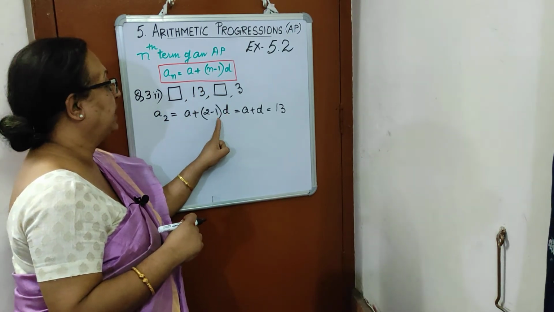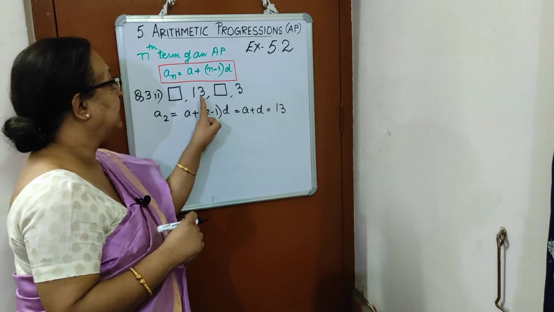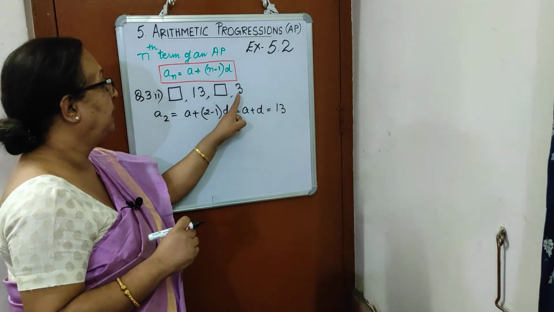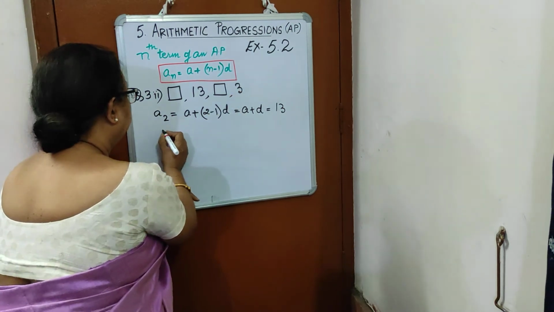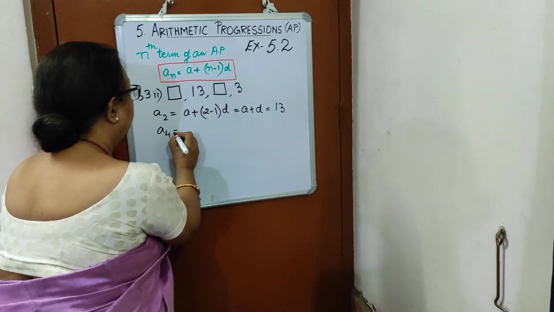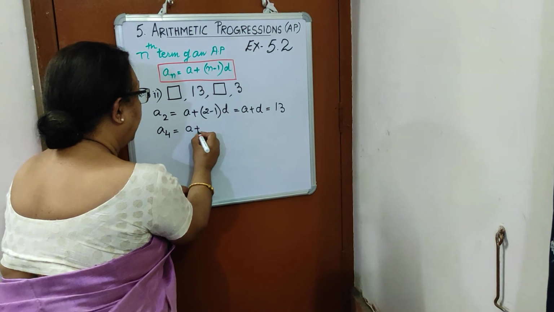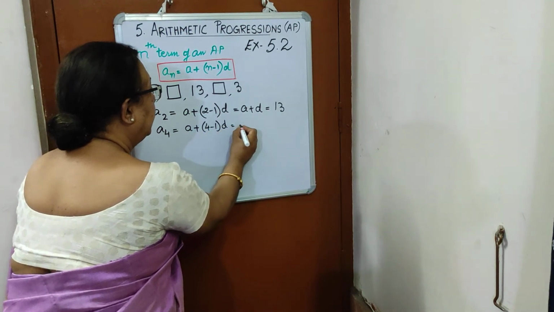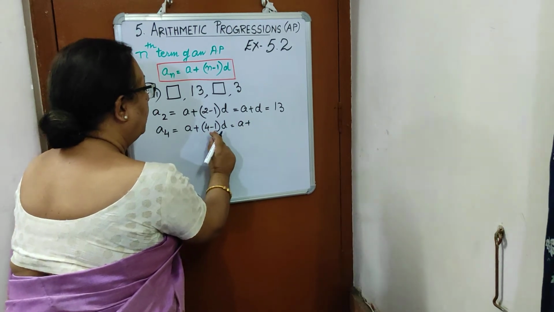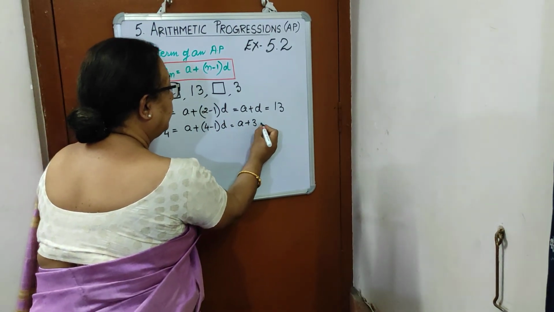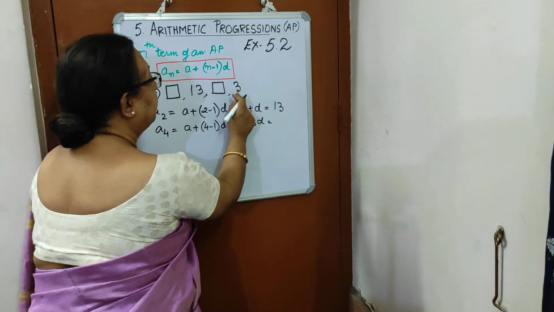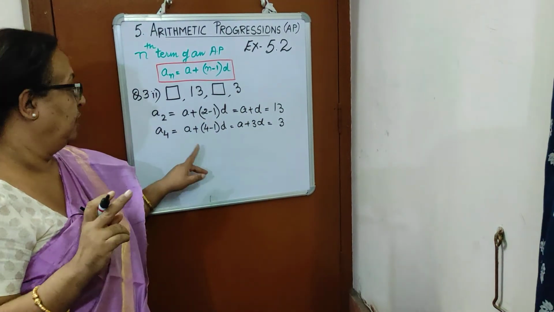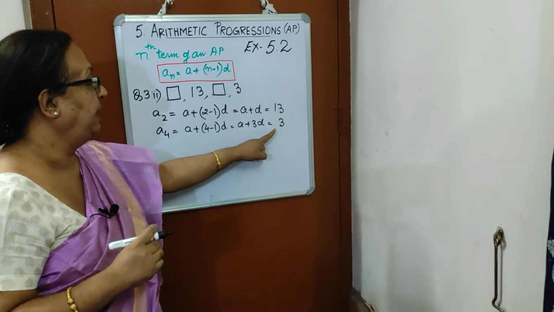The 2 minus 1 is 1, a plus d, and the second term is given as 13. Similarly for the fourth term. Fourth term will be a plus 4 minus 1 into d, that is a plus 3d, and that is given as 3.